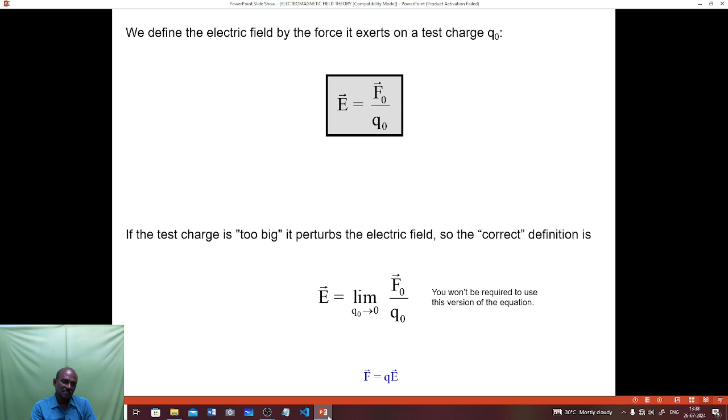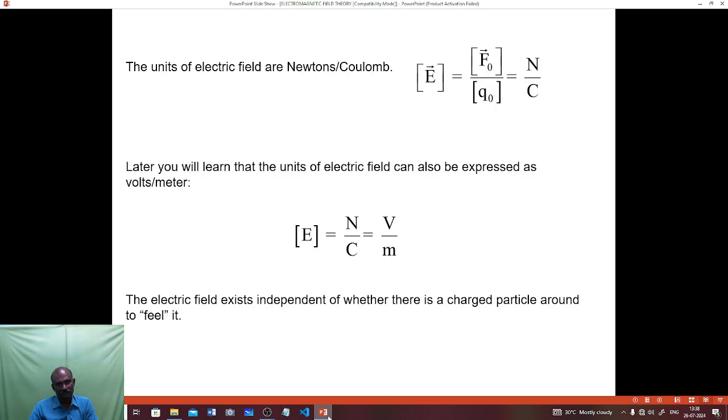If the test charge is too big, it perturbs the electric field. So the correct definition of the electric field or electric field intensity E is the limit as Q tends to 0 of F by Q. The unit for electric field is newton per coulomb, the force on 1 coulomb charge.